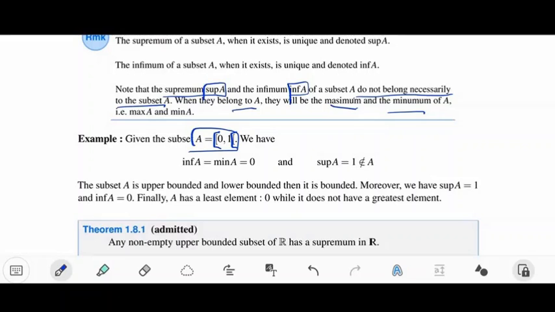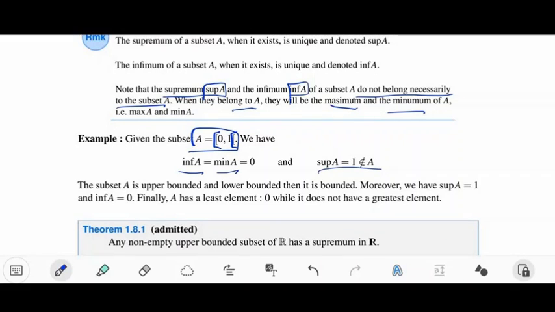So 0 is at the same time the infimum of A and the minimum of A. But 1 is an upper bound, of course. It's the supremum, because you cannot find another upper bound lower than 1, but it does not belong to A. So it's not a maximum, and you cannot find a maximum of A. Any element that you choose in A cannot be a maximum, because you will always find an element greater than this one inside A.